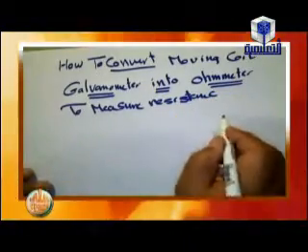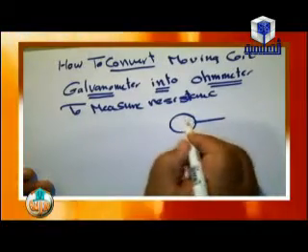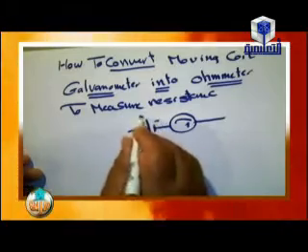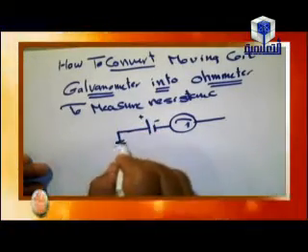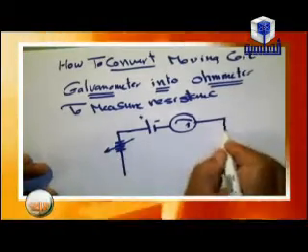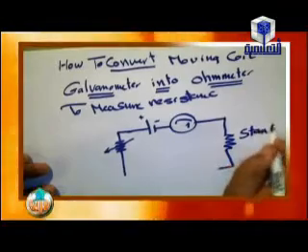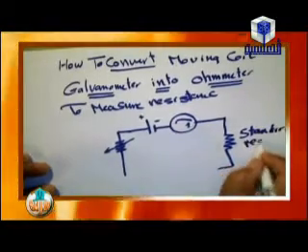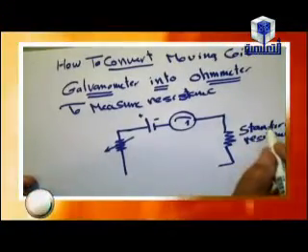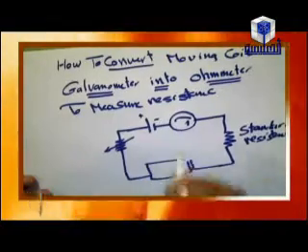First, we connect the galvanometer with a battery or a cell of constant EMF, and also with a variable resistance and a standard resistance. So the galvanometer is connected to a standard resistance and variable resistance, and there is a test terminal for measuring any resistance.